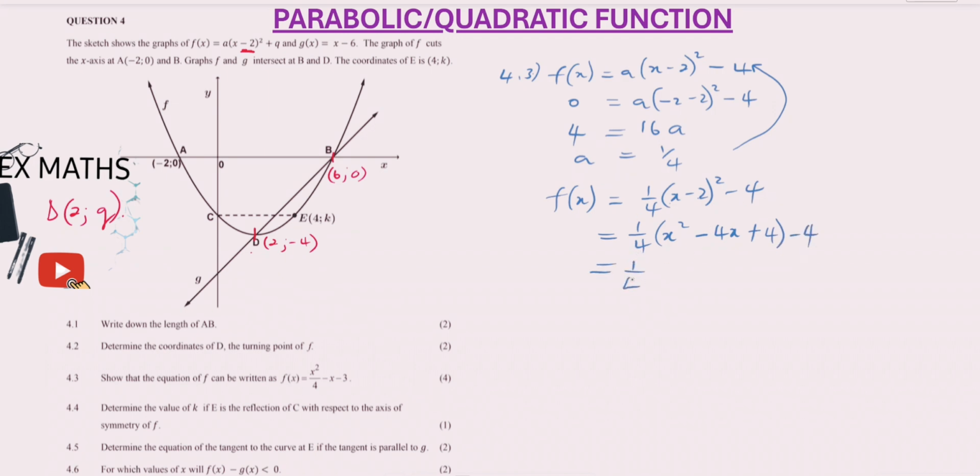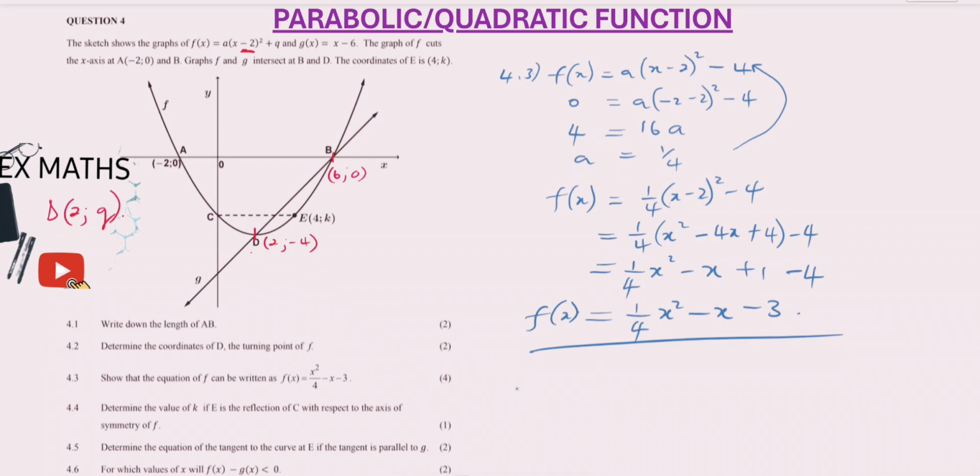It is going to be 1/4 x squared, minus 1/4 times 4x, we're going to get minus x. Then 1/4 times the 4, we get plus 1, then minus 4. Then like terms, 1 minus 4, we get minus 3. This is our f of x. That's the first way of doing it.